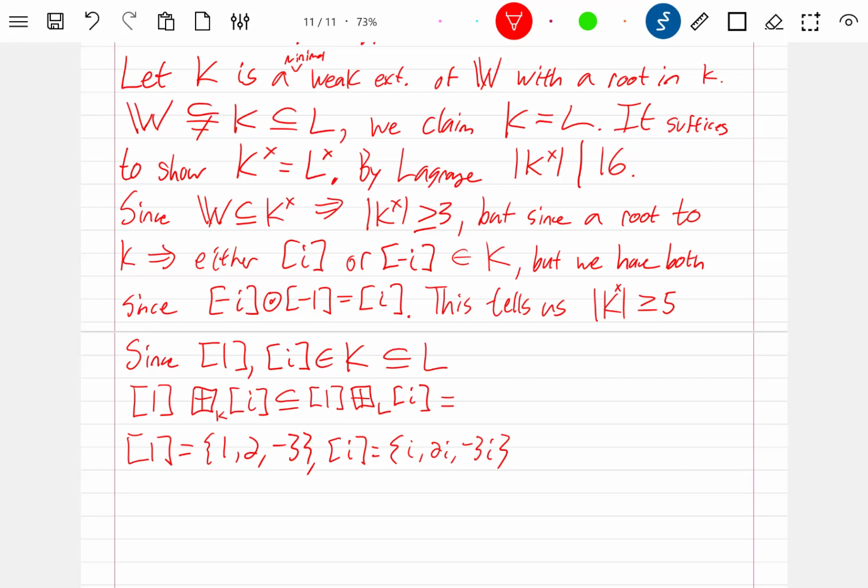This 1 plus I set should be the set containing, well, I should get a 1 plus I, should get a 1 plus 2i, and 1 minus 3i.